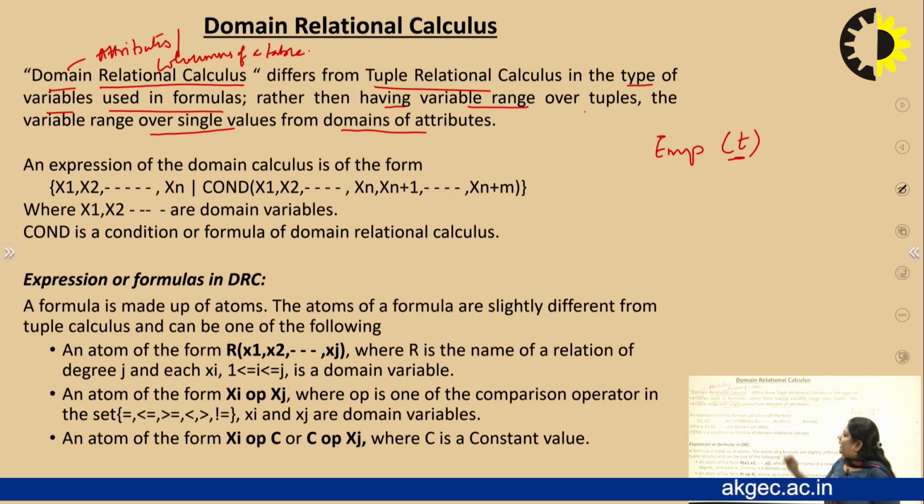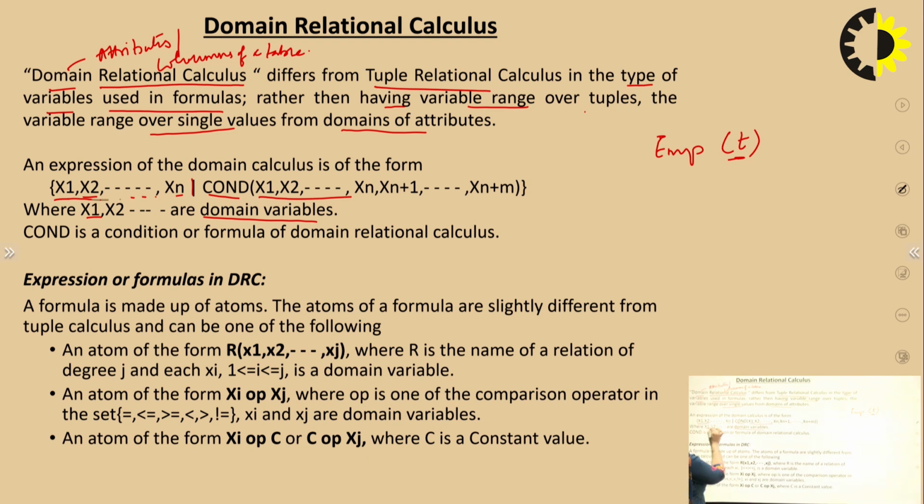Now the expression for domain relational calculus is x1, x2 up till xn, then a condition over these variables, which is the formula, where x1, x2 are domain variables. Whatever variables we declare according to our table, those will be the domain variables, and they will be on the left hand side of the formula.